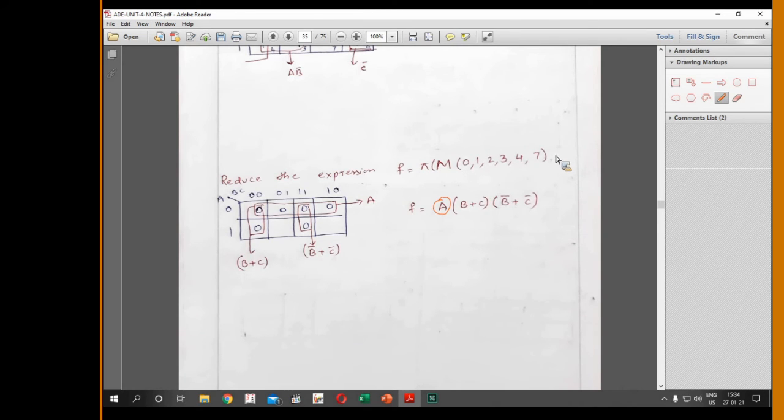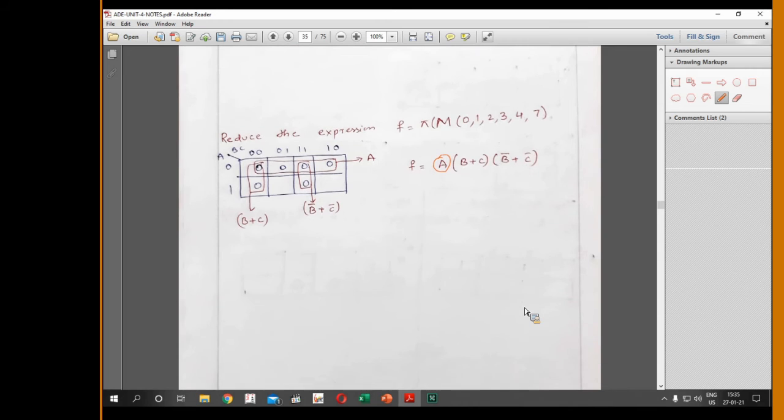If I don't use the minimization technique and use the function in standard POS, in the two level I have to use 6 OR gates, in addition to one AND gate, where each of those 6 OR gates has 3 inputs. Okay, is it clear? Is it clear?